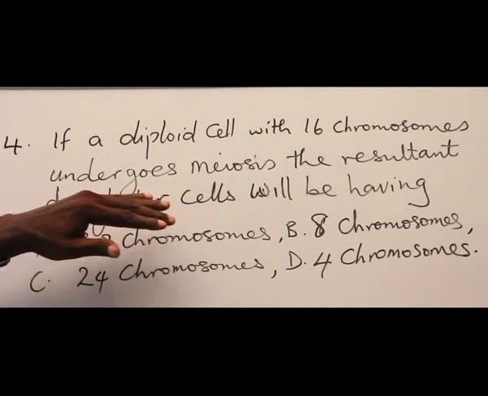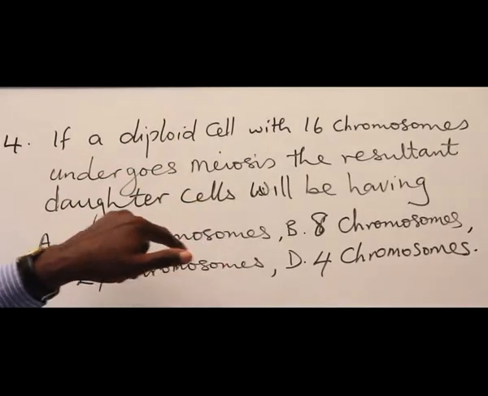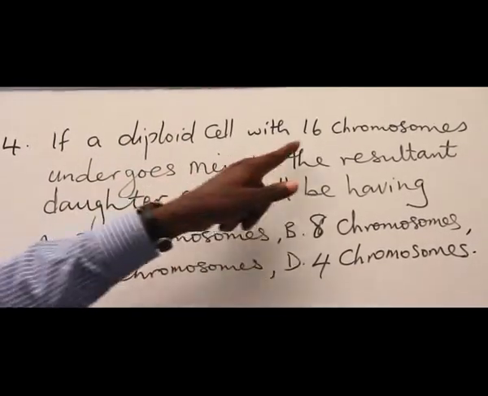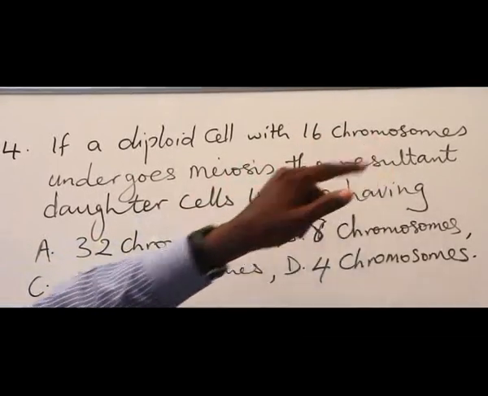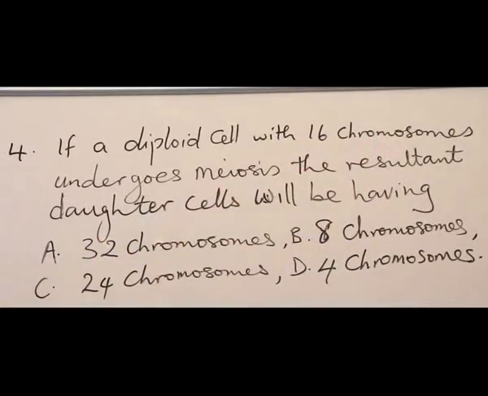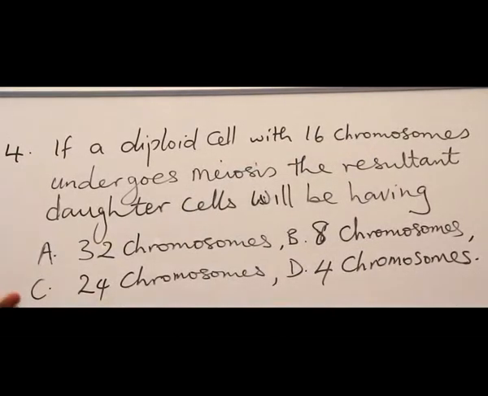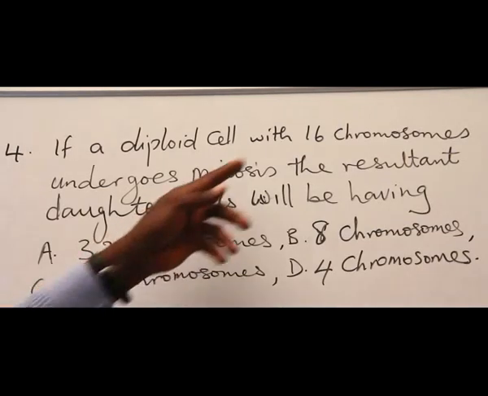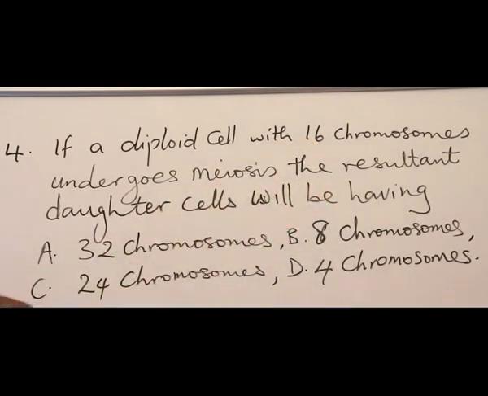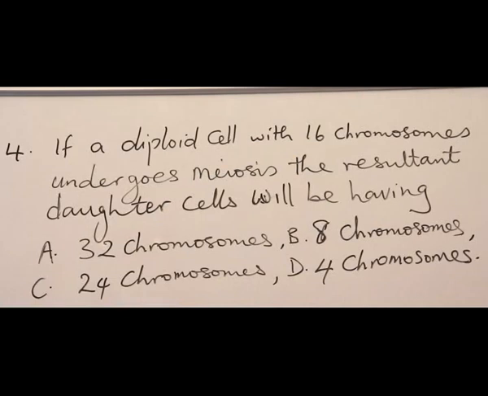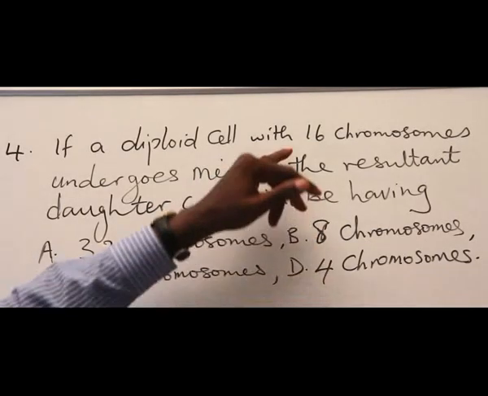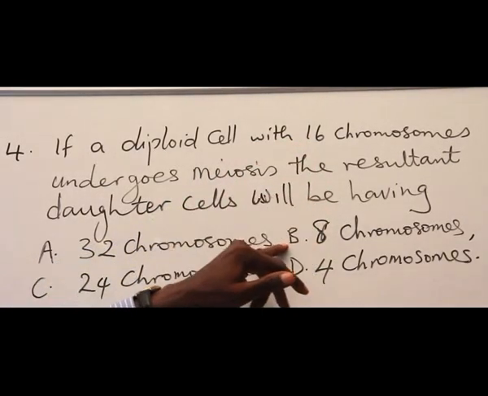So the resultant daughter cells will have half of this number of chromosomes because they now become haploid cells, which are gametes. So with that, you can answer the question. It can never be 32 because at 32 you double the former chromosome number. Then 8 is half of 16. So B is the answer.